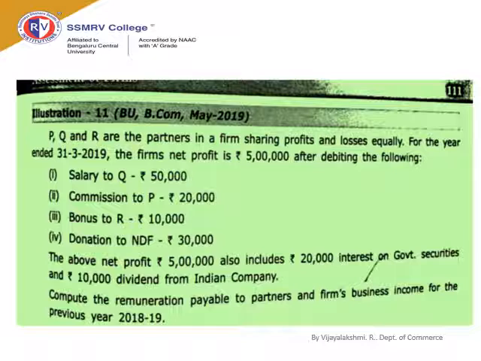And the items which need to be deducted are the interest on government securities, 20,000 that we are receiving, and 10,000 dividend that we are receiving. The income from other sources should be deducted. So from 5 lakh we are going to deduct these two items, and the adjustment items 1, 2, 3, 4 are going to be added.